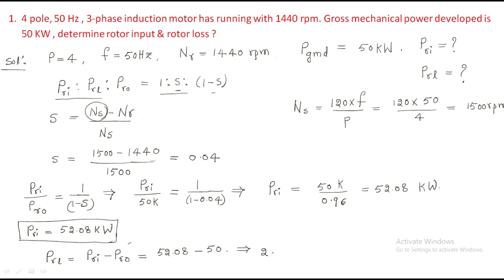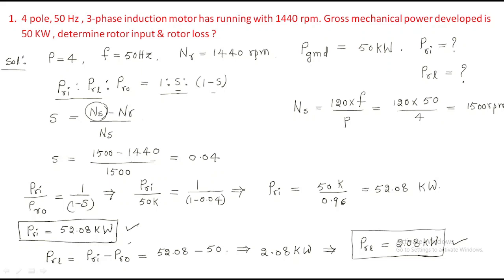Then we get 2.08 kilowatts. Therefore the rotor loss equals 2.08 kilowatts. So you can be asked any problem like this model; you have to follow this principle. The rotor input is 52.08 and the rotor loss is 2.08 kilowatts. This is the procedure to do this method.